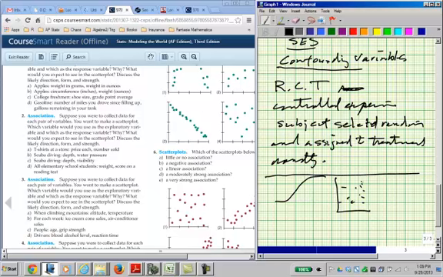Now let's look at 3, climbing mountains, altitude and temperature. The explanatory variable would be altitude, temperature would be consequential, and it would be negative and linear and strong, I would assume. Okay, for each week, ice cream cone sales and air conditioner sales. Neither of these cause each other.